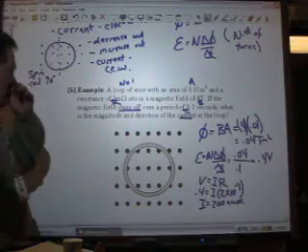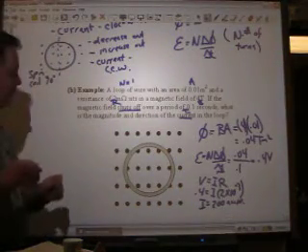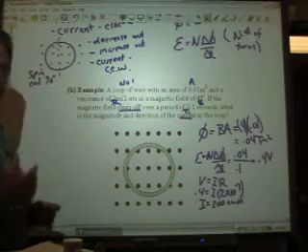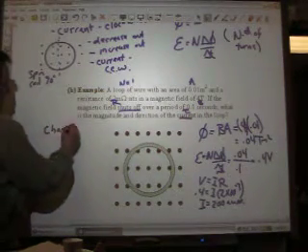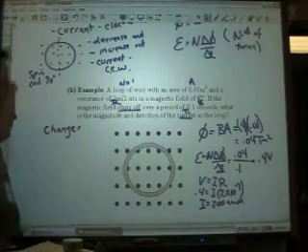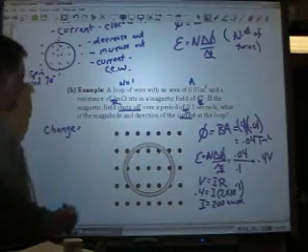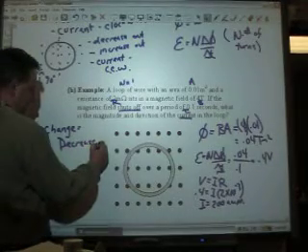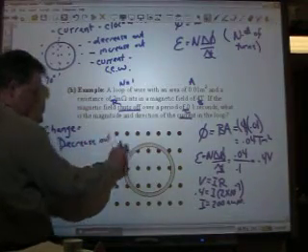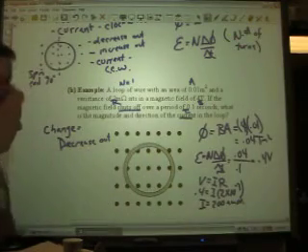Now, to finish this off, we want to find the direction of the current. So I do my change. My change was that it's shutting off, so it's decreasing. And these dots mean it's pointing out of the page.